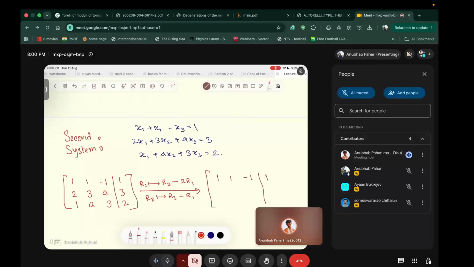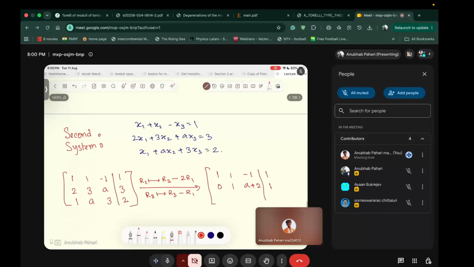The first row is unchanged. Now for the second it will be 0, 1, a plus 2, and 1. And for the third row it will be changed as 0, a minus 1, 4 and 1.